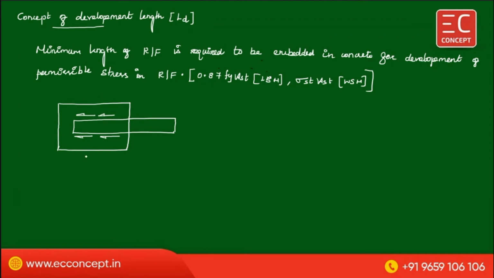This bond stress is tau bd. It occurs over a distance of development length LD.